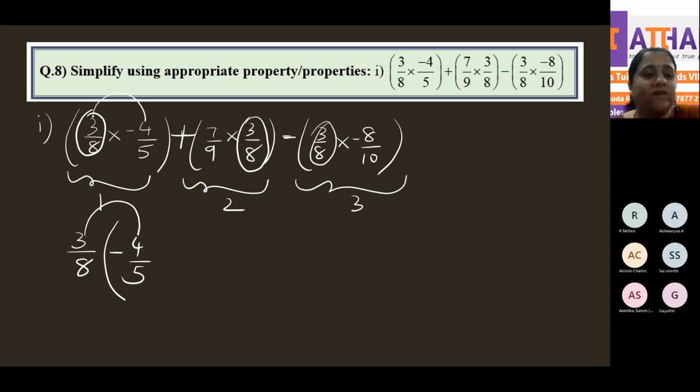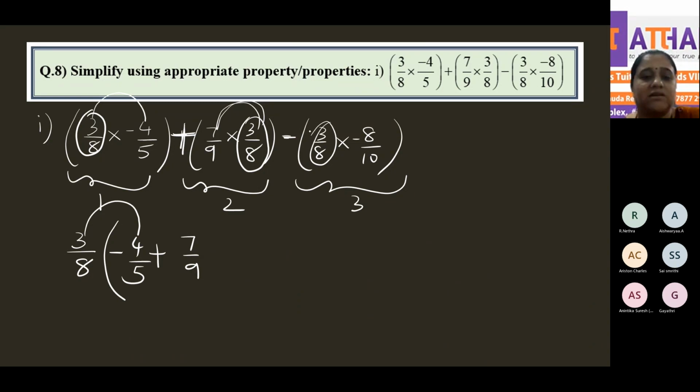Next, what do we have? 3 by 8 into 7 by 9. We already have 3 by 8 here, so we need to write 7 by 9. The connecting sign is plus. And the last part, we have 3 by 8, which is here already.